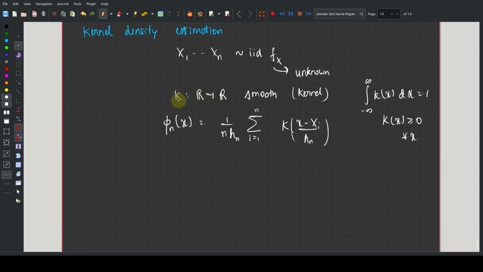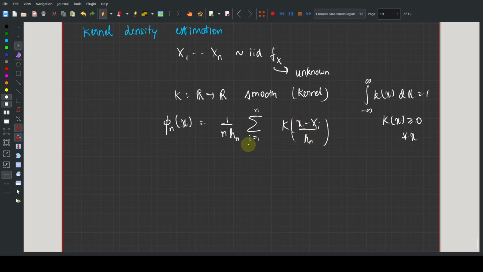So in other words, k of x is a density, a smooth density function. And we estimate fx using this particular approach. We take Pn of x to be 1 over n, so some scaling factor, times the summation i equal to 1 to n of k of (x minus xi) divided by hn.